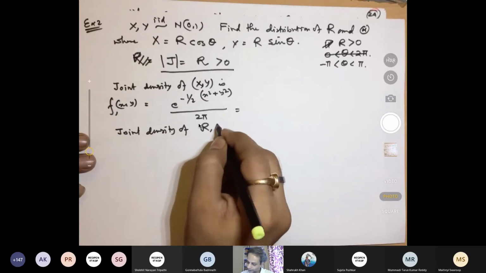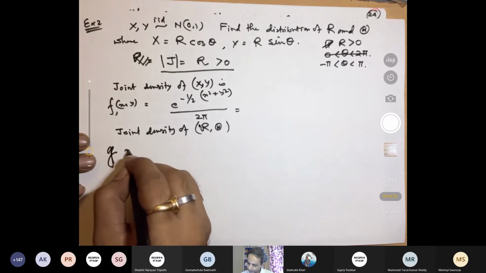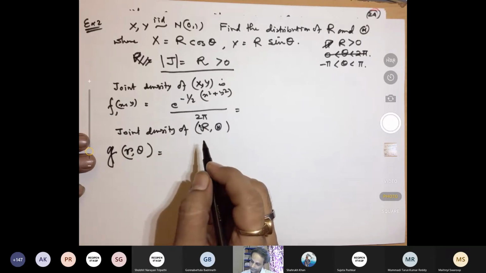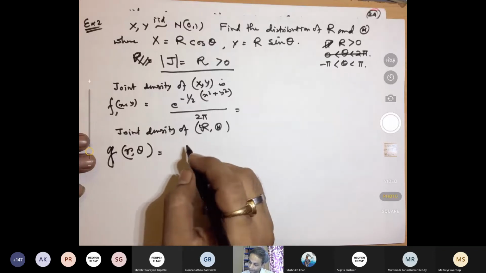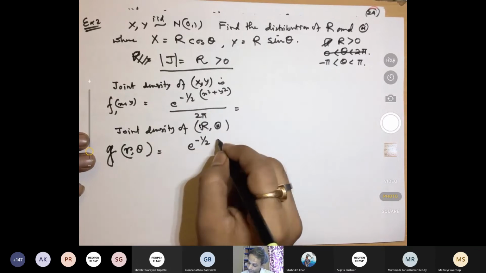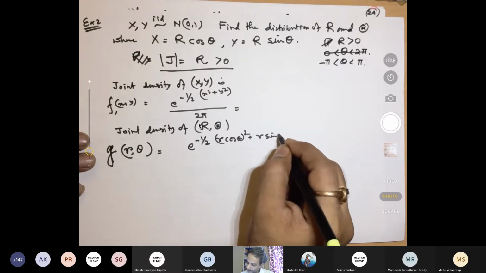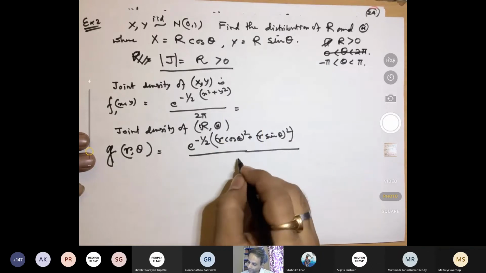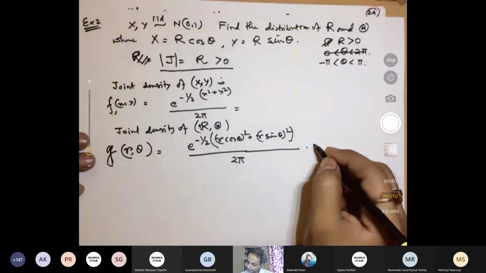Let us call it g(r, theta), and write it this way: e to the power minus half (r cos theta) whole square plus (r sin theta) whole square, divided by 2 pi, multiplied by r.